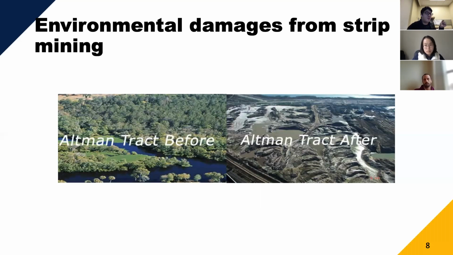Coal is definitely one of the dirtiest resources in that regard, but locally, the environment can also be substantially affected by extraction of the resources.